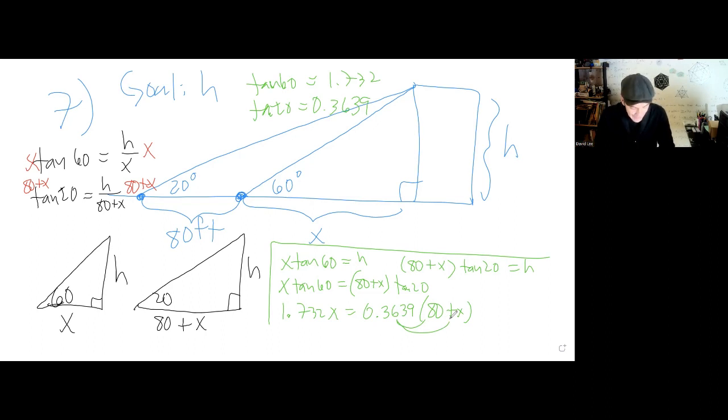We would have here in pink, running out of space, 1.732x equals 29.11 plus 0.363x. And then subtract 0.363x from both sides. These cancel.